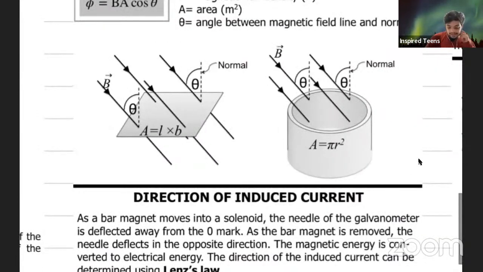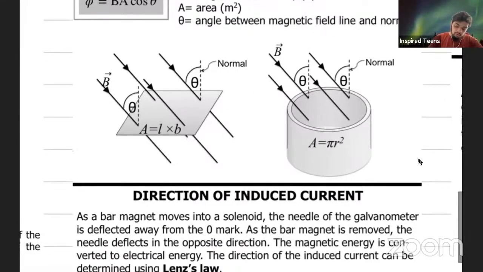Let's look at this example. As you can see, B represents magnetic field strength. All these lines coming in are the lines of the magnetic field. Here we have a square cross-sectional area of the conductor, and here perhaps a cylinder which represents a wire.